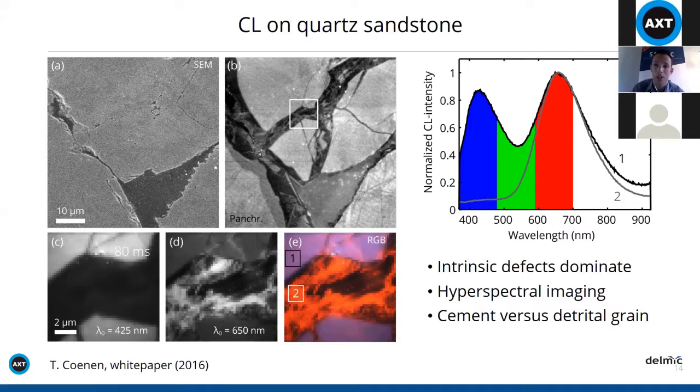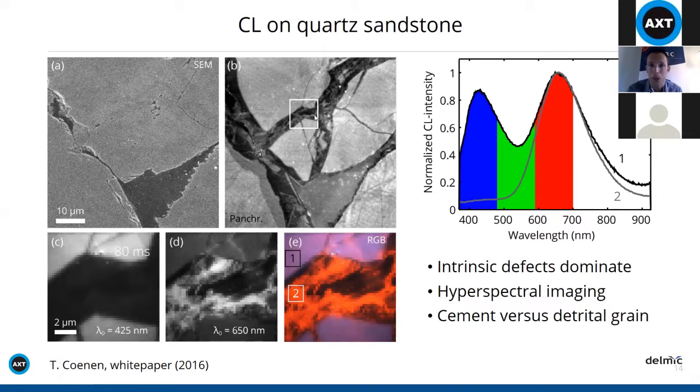It also has a similar density. And so it's difficult to image that properly with SEM or with backscattering. But because the defect structure inside of the material is very different, it gives a lot of contrast in CL. And so you can clarify that even more when you make a hyperspectral image of a particular area.